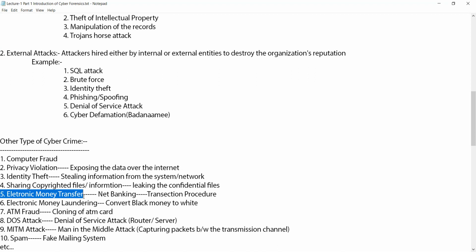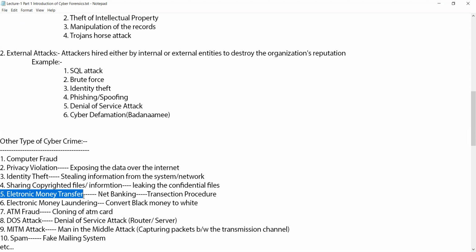The next one is called electronic money laundering. So what is that? That is related to converting black money to white money. For this type of crime, you need to see movies like Commando 2 and Shivaji the Boss, as well as other movies that show the whole procedure, like how cyber criminals use this procedure for converting black money to white money.